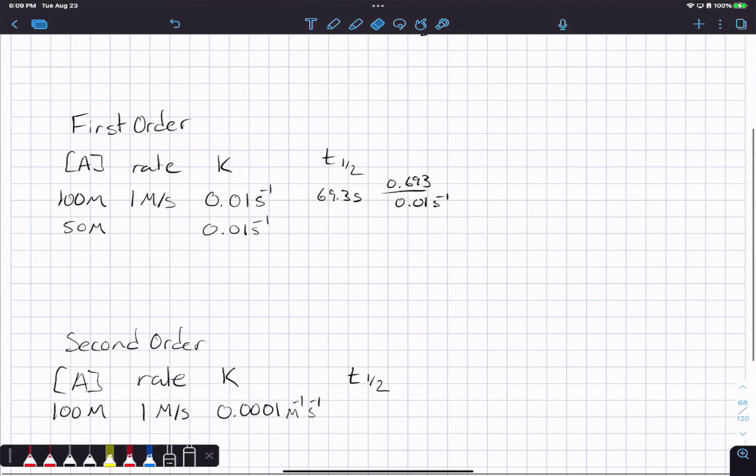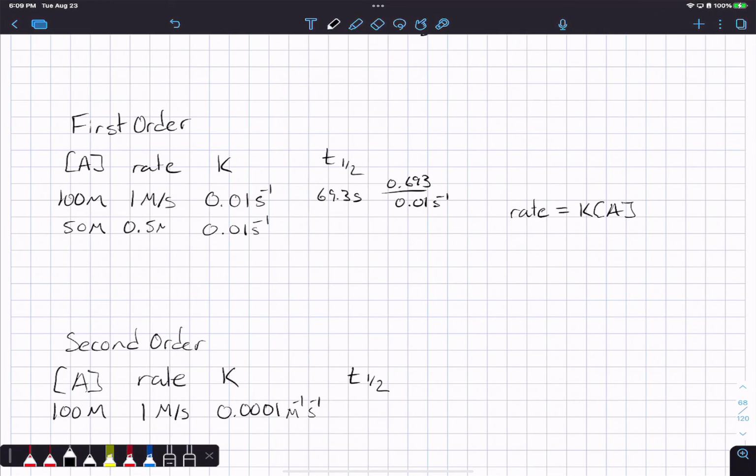So if you want to calculate the rate, that's going to be rate equals K times the concentration of A. The first one I calculated for you, but for this one it's going to be 0.01 times our concentration of A, which is 50. So now our rate is only 0.5 molar per second.